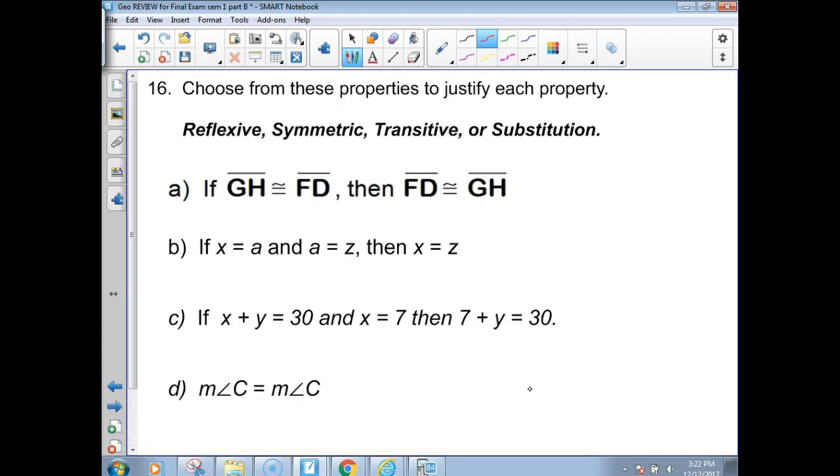Okay, choose from these properties. Now, I'm hoping you got all these right because we really worked hard on these properties. Whoop, all it did was switch sides. So that one is symmetric, not reflexive. Can you spot the reflexive really fast? The last one. Okay, because we've been doing that one a lot lately.